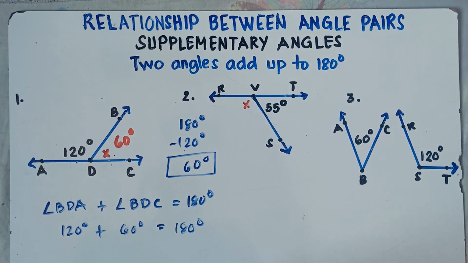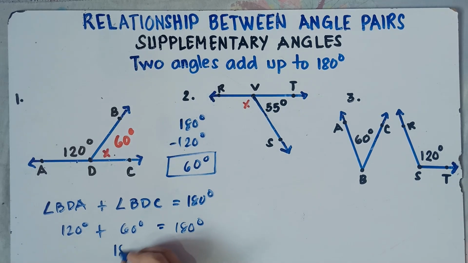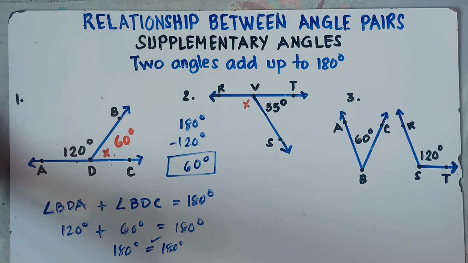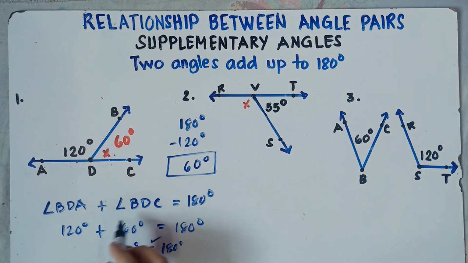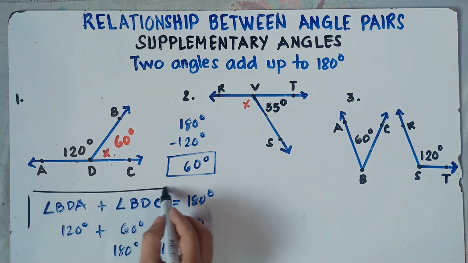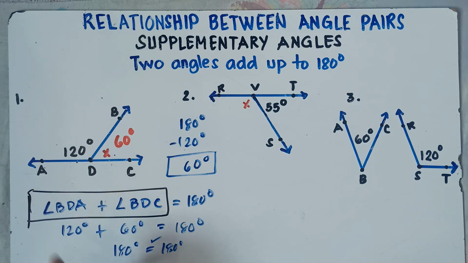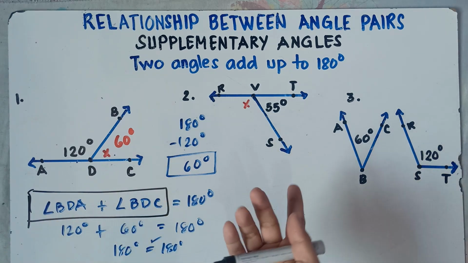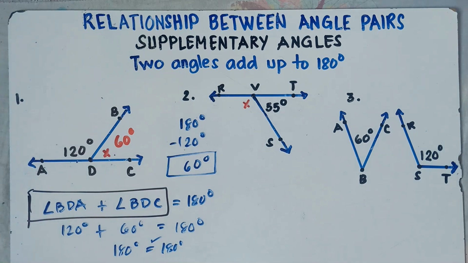So 120 plus 60, that would be 180, equals 180 degrees. Now, if the two angles add up to 180 degrees, therefore the two angles are supplementary angles. So once again, angle BDC and angle BDA are supplementary angles because the two angles add up to 180 degrees, we call that supplementary angles.